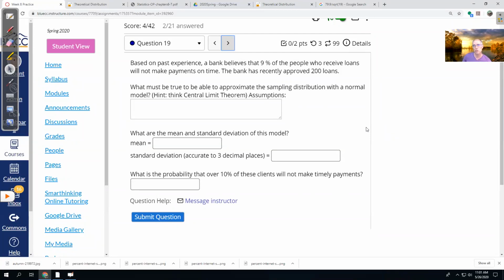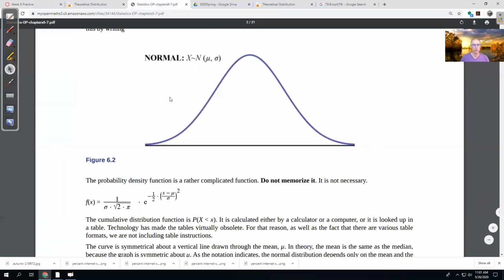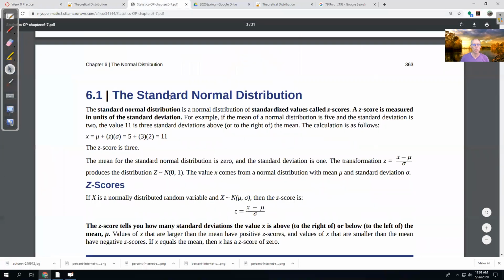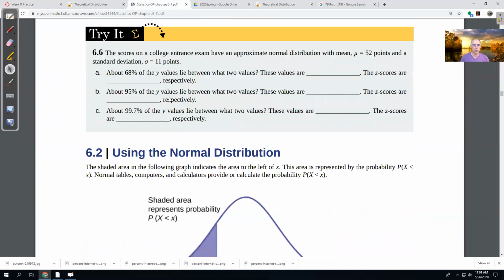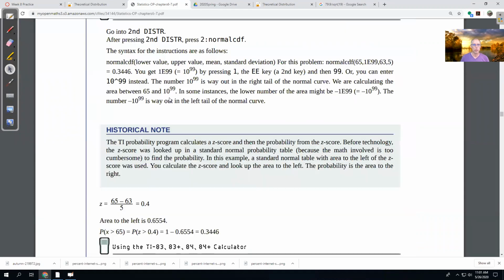So in the beginning of chapter 7, it talked about when you can use the central limit theorem. And let's write this down. In addition, this is a proportion, so there's kind of extra things that are applied to a proportion. Here I was just hoping for the central limit theorem rules. Let's bring up section 7.1.